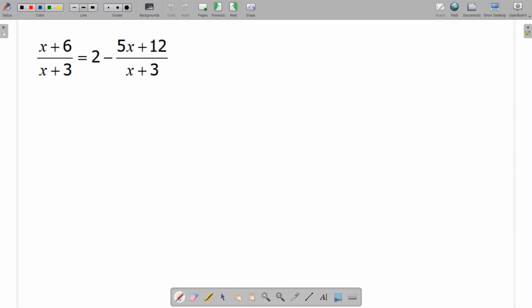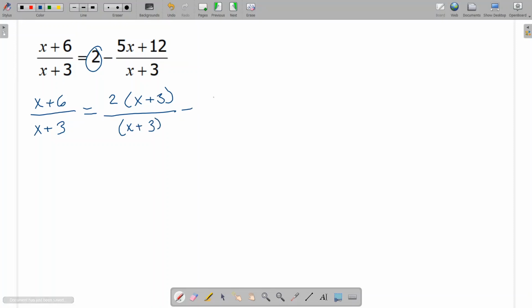All right, so this time the right side needs a common denominator. So we're going to have to multiply this 2 here by x plus 3 over x plus 3. So we have x plus 6 over x plus 3 equal to 2 times x plus 3 over x plus 3 minus 5x plus 12 over x plus 3.